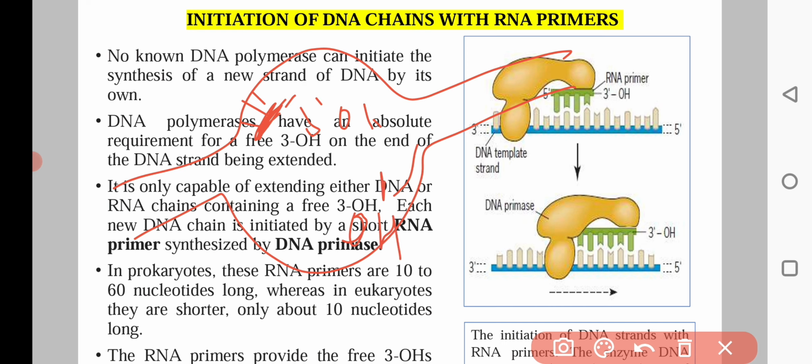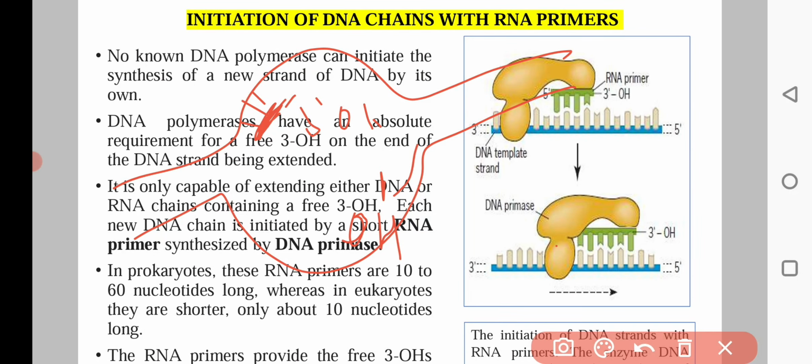If you want to study the details of the 3' OH group, and what the 3' and 5' ends are, you can go to our playlist, where a detailed video is there on the structure of DNA molecules or nucleic acids.